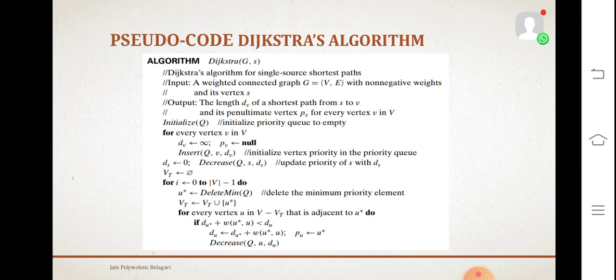So VT is set to VT union of u star, that is for every vertex u in V minus VT that is adjacent to u star. Then do these operations. What operations?